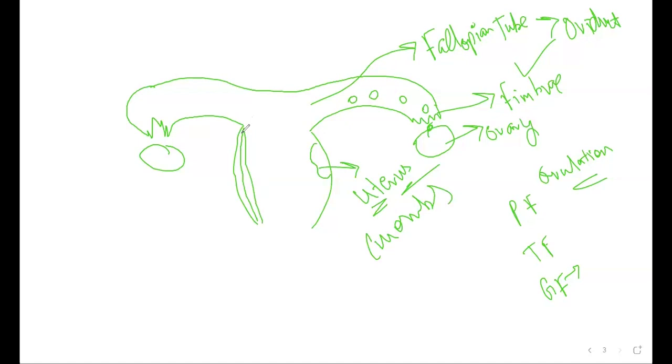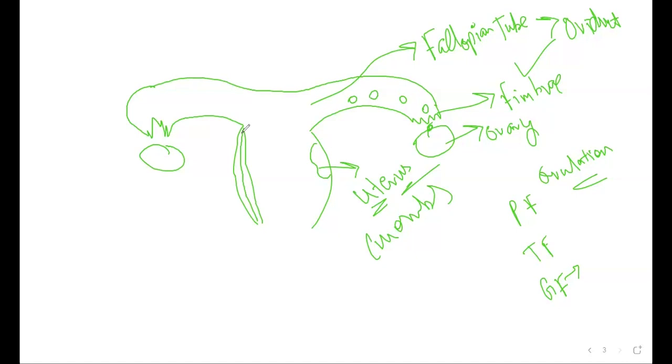Most of the metabolism happening inside the baby's body is controlled by the mother's body. You have different layers present, the endometrium and the myometrium, and we'll come to that in detail when we talk about the parturition process. The changes are happening basically in the endometrium layer, and this endometrium layer adds on the blood vessels so that it is able to give proper nutrition to the growing embryo.